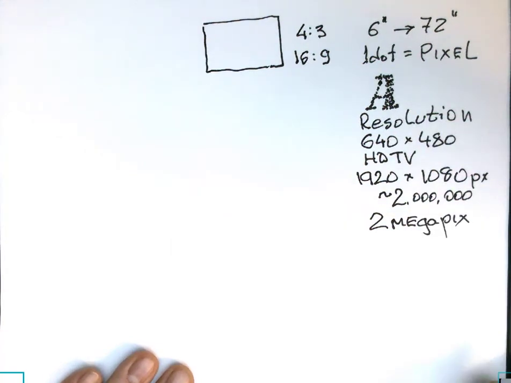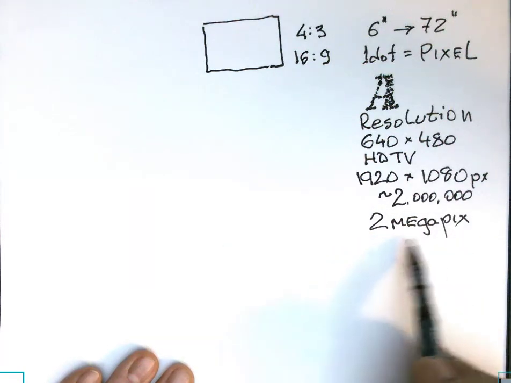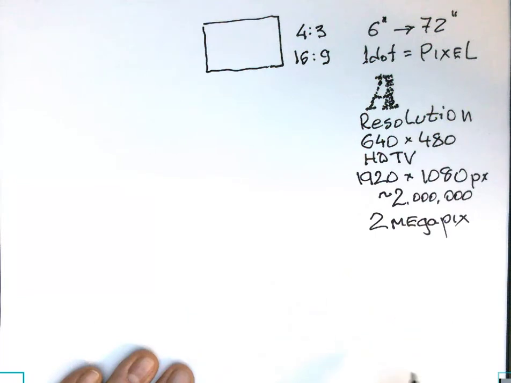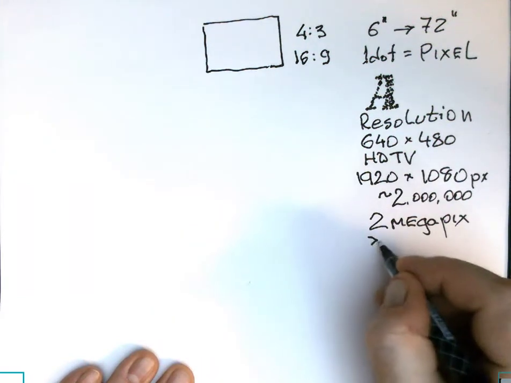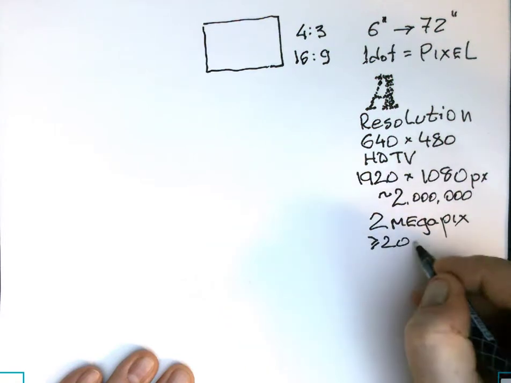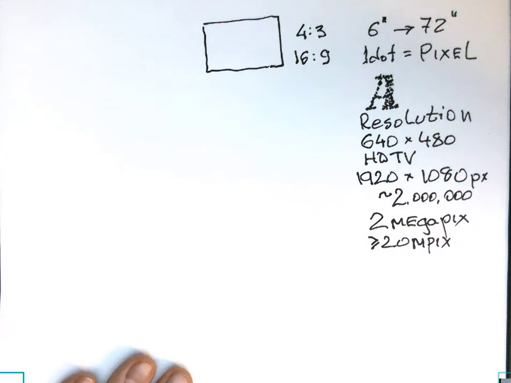A 2 megapixel screen. Now you understand why a digital camera that utilizes a digital sensor is also measured in megapixels. By the way, the regular resolution for a contemporary camera is greater than 20 megapixel.